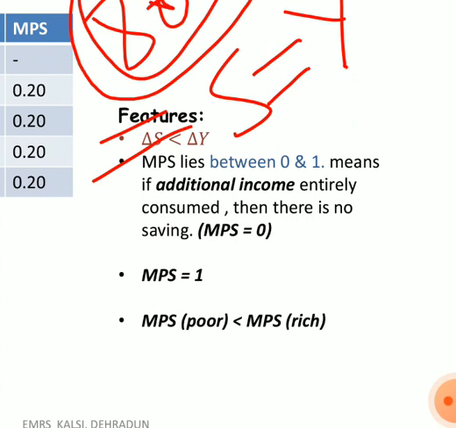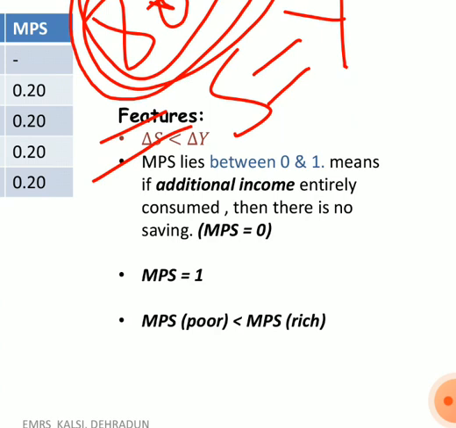So your income will be equal to your savings. Remember, earlier I said that in APS you cannot save the entire income, but in MPS you can save the entire income. Why? Because this income is additional income. Okay, so there is a difference here.